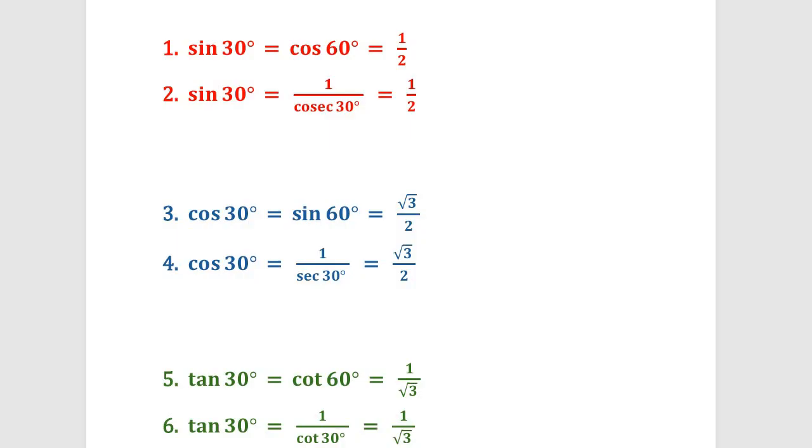Formula 3, cos 30 degree equals sin 60 degree equals square root of 3 by 2, since 30 degree and 60 degree are complementary. Again, sec 30 degree is reciprocal of cos 30 degree. So cos 30 degree equals 1 by sec 30 degree equals square root of 3 by 2.